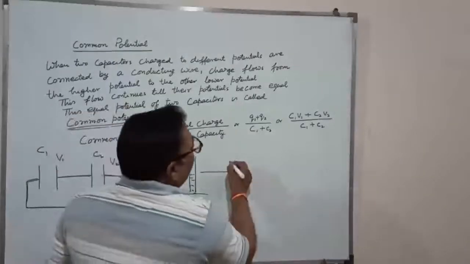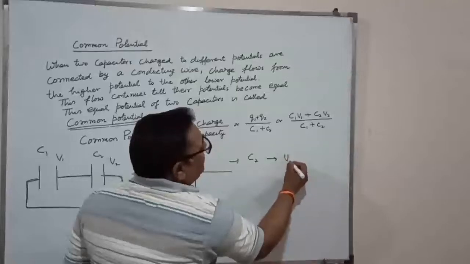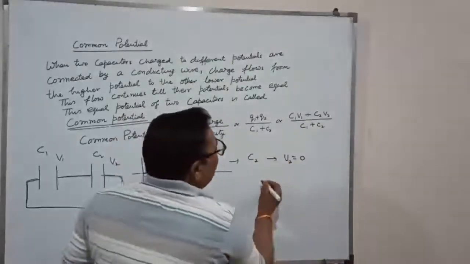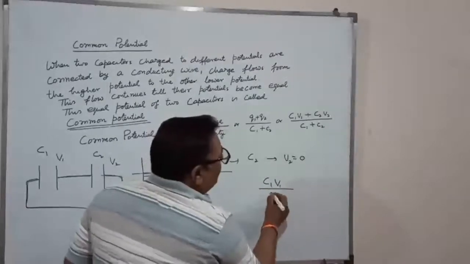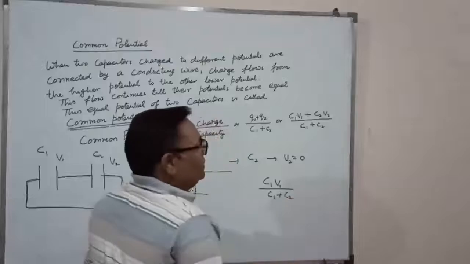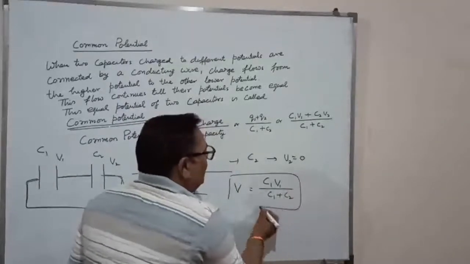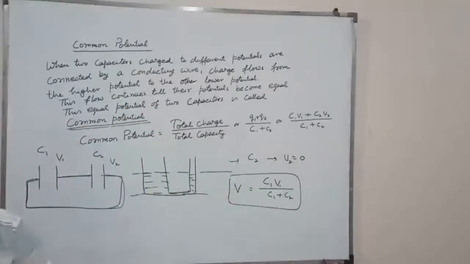And another way, if C2 is an uncharged capacitor, that is V2 is equal to 0, it means C1 V1 upon (C1 + C2). This is the value of common potential. Clear? And how we can use this expression in numericals? Let us see.